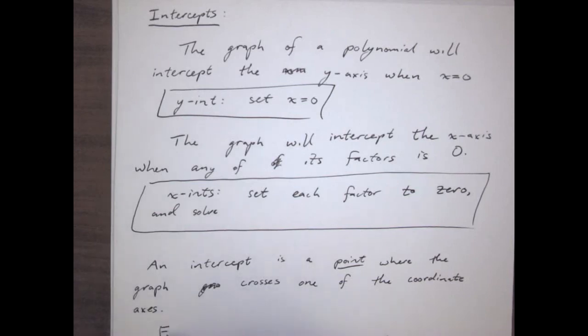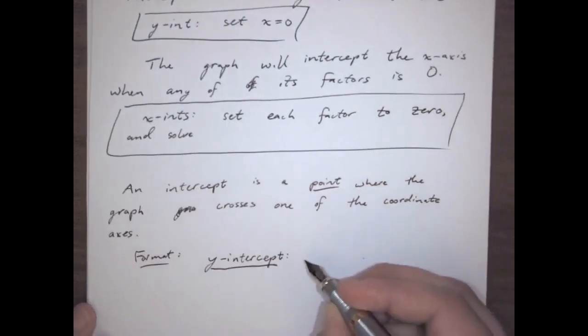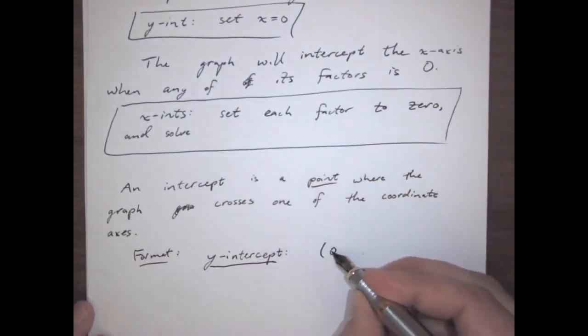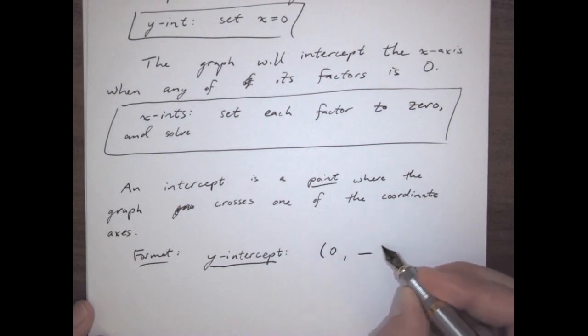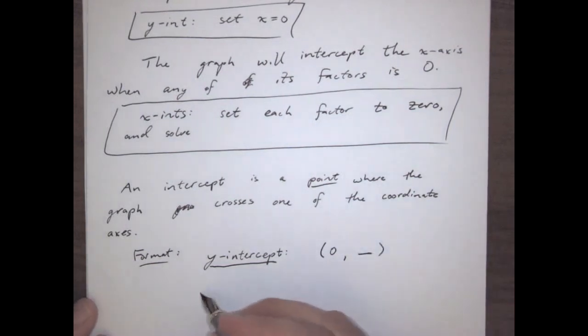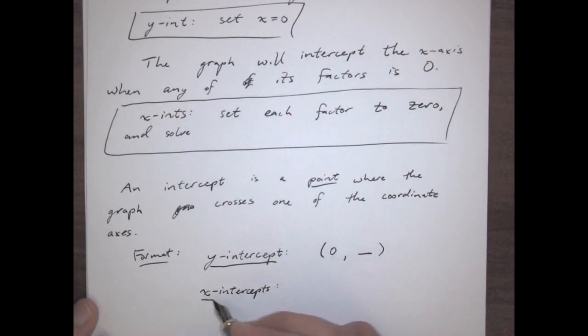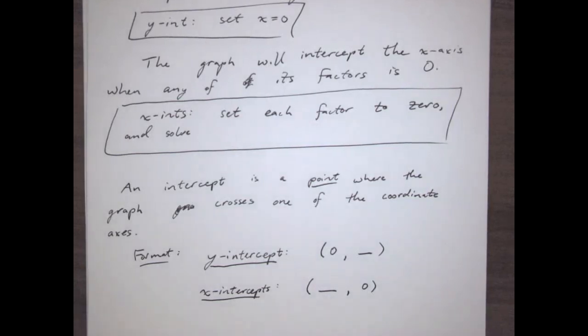So the format of your answers here should be, for a y-intercept, since it's a point, you should be giving both coordinates of the point, and the x-coordinate is guaranteed to always be 0, and as for the y-coordinate, it'll be whatever it's going to be. And for the x-intercepts, their format will be some x value and then 0 for y.